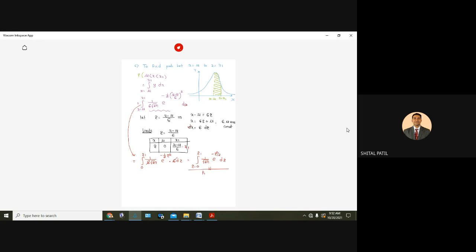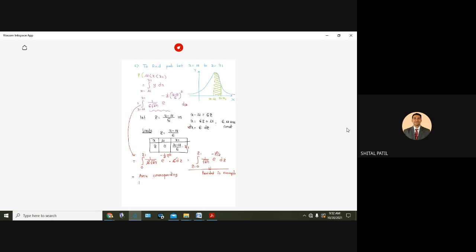This is a standard value which is provided in the example. How is it provided? Probability and area both can be interchanged.